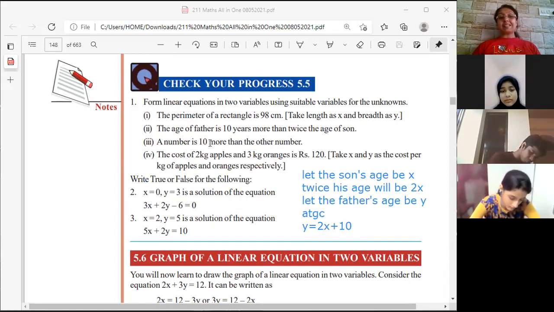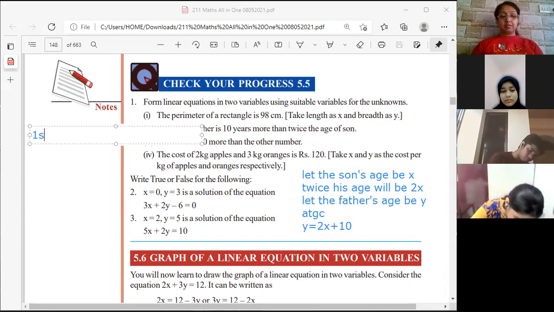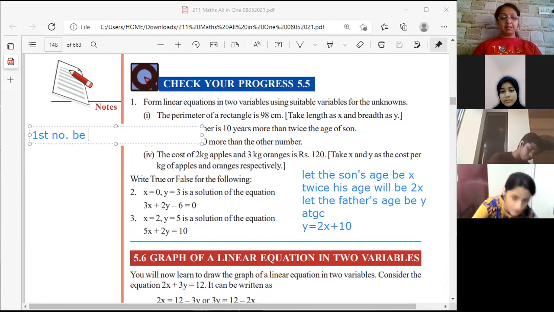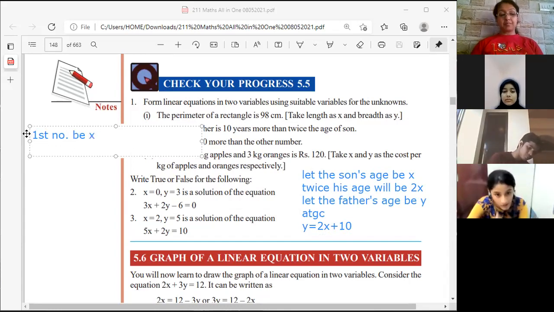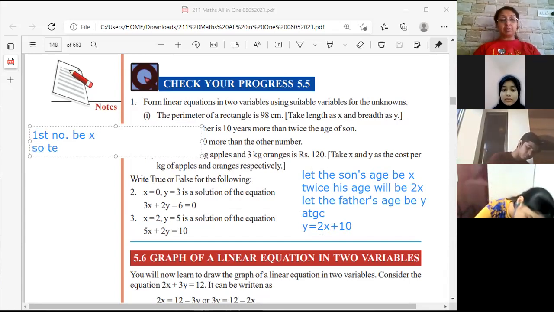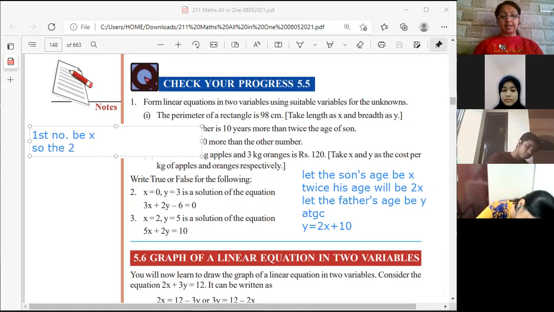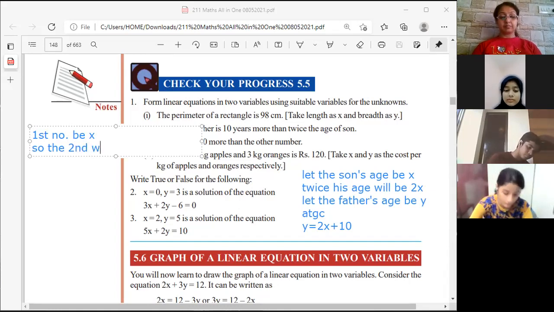A number is 10 more than the other number. So now two variables we want. What will we do? Tell me. Let the first number be x. So the second number will be y.